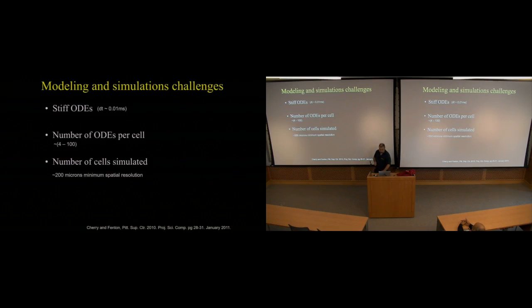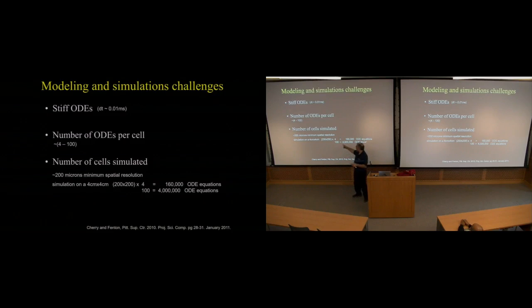For the number of cells simulated, you require 200 microns of spatial resolution. So if I want to do a 4 centimeter square piece of tissue, I require 200 by 200 elements times 4 variables, or times 100 variables, depending on which model. So you can go between 160,000 ODEs to about 4 million ODEs just to do 4 centimeters of 2D.